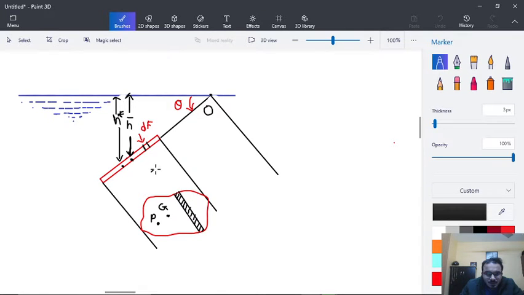So for COG, this distance will be y bar and this distance will be y star.